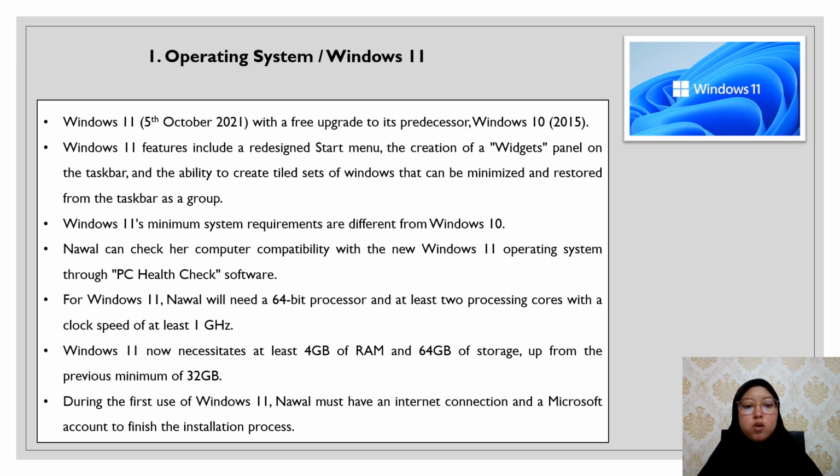Windows 11 now necessitates at least 4 GB of RAM and 64 GB of storage, up from the previous minimum of 32 GB. During the first use of Windows 11, Nawal must have an internet connection and a Microsoft account to finish the installation process.